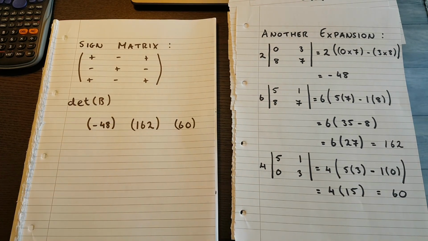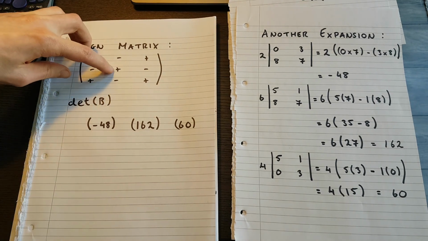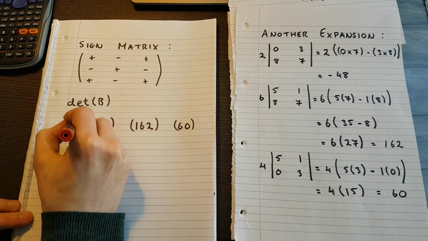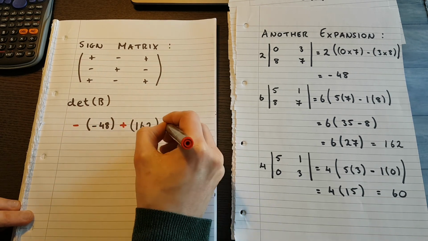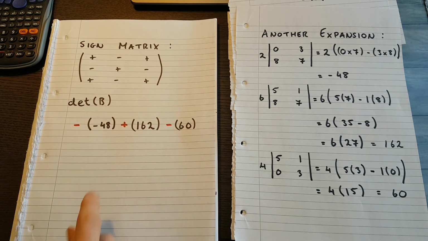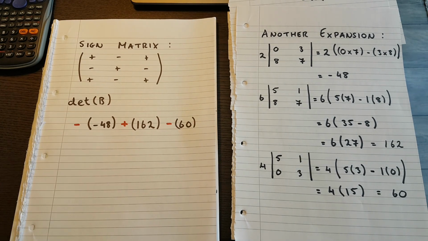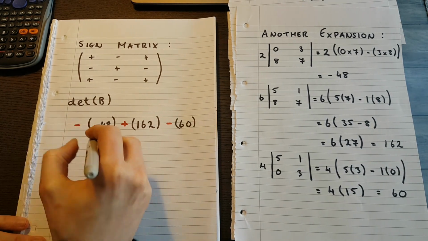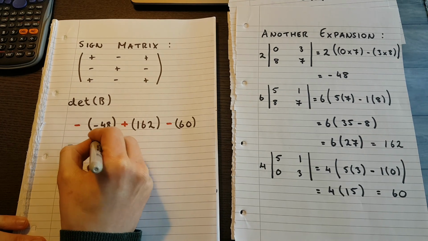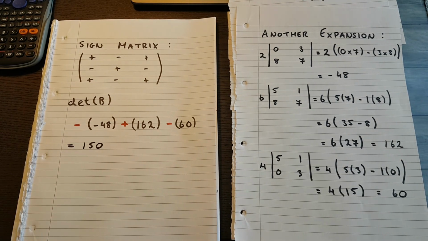And now I need to take these numbers and correct them according to this sign matrix. So minus plus minus gets me minus 48, plus 162, minus 60. This one brings me up to 210, take away 60, and I get 150 again, which is exactly the same number.